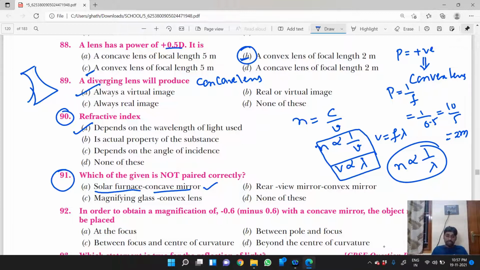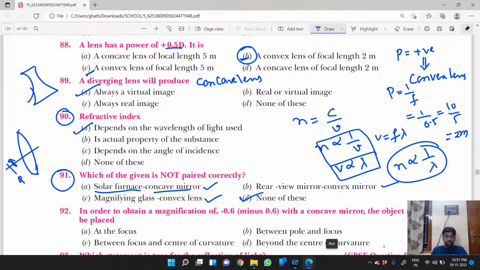It is correct. Magnifying glass, convex lens: yes, when an object is placed in front of the convex lens between the pole and focus, this is also correct. So all the relations are correct. Hence we can say none of these is incorrect.